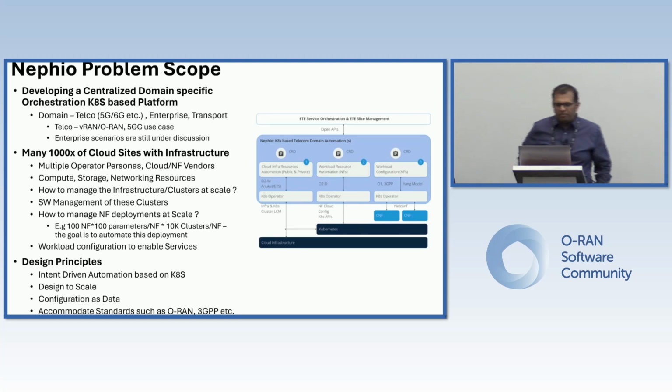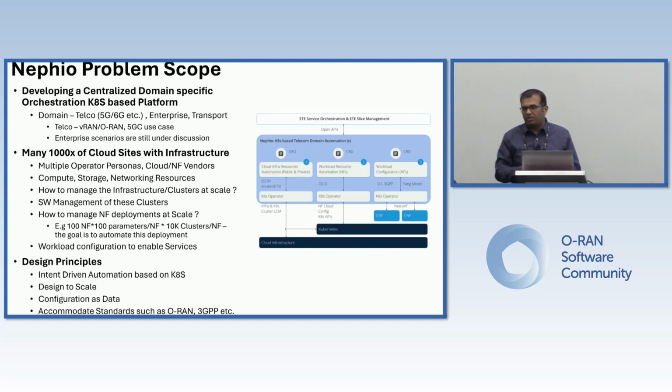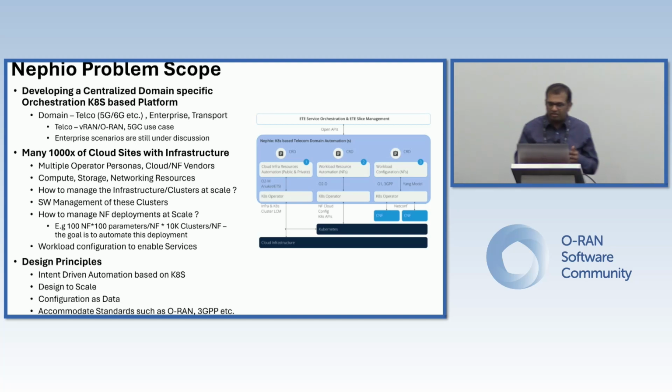So Nephio, from a problem perspective, what exactly is the scope of Nephio? If you read some of the literature, it is very commonly stated that it's a centralized domain-specific orchestration based on Kubernetes. It builds on the success of Kubernetes, which is very commonly used today for container orchestration.